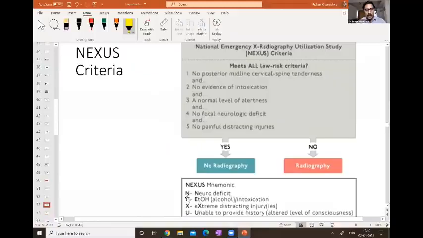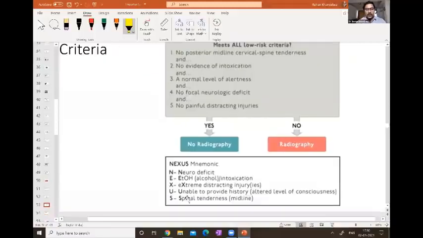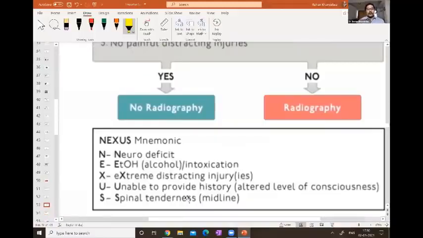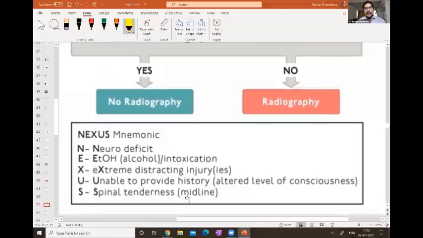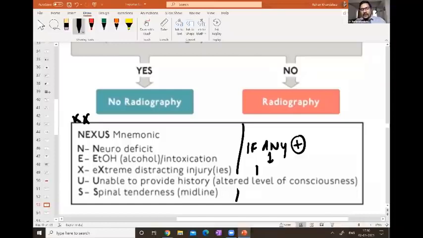The mnemonic for the NEXUS criteria: N is for neurological deficit, E is for alcohol intoxication, X is for extreme distracting neck injuries, U is unable to provide history or unable to speak, and S is spinal tenderness. This you need to remember. If any sign is present, we will image the cervical spine. Even if you have a single one of these signs present, you have to image the cervical spine, and that is important for the exam.